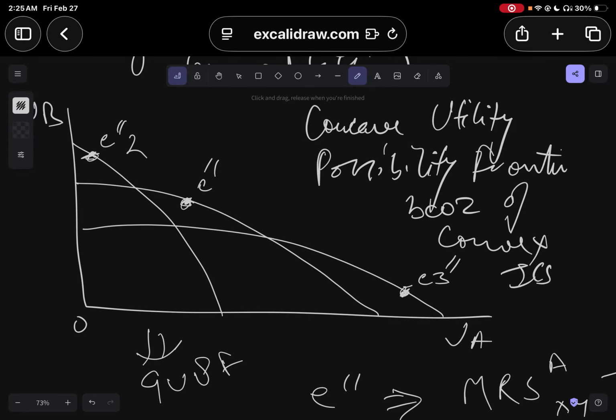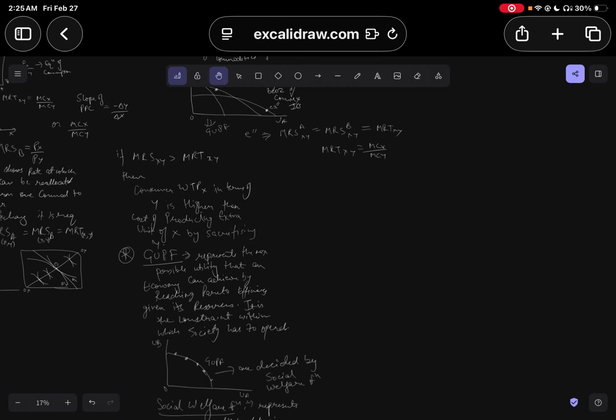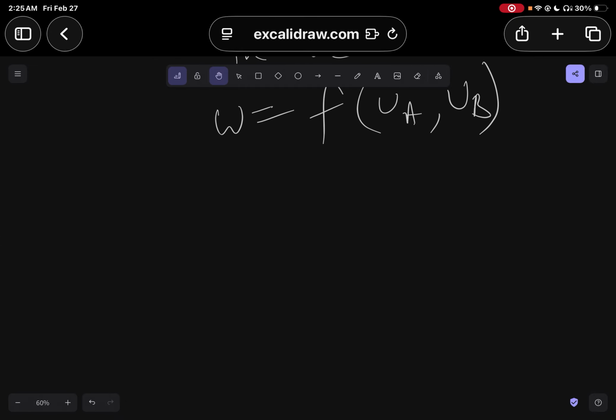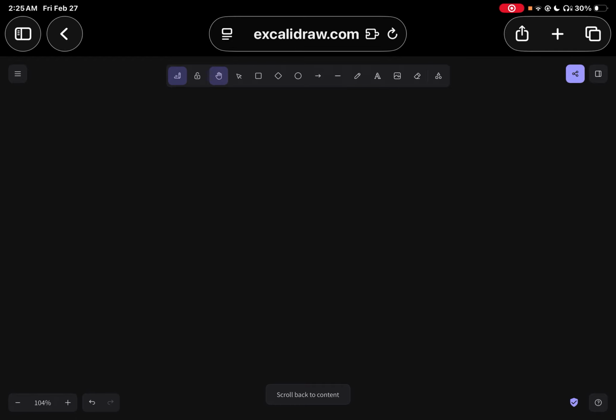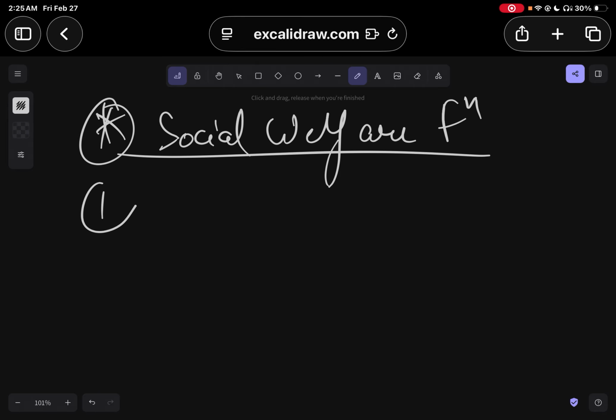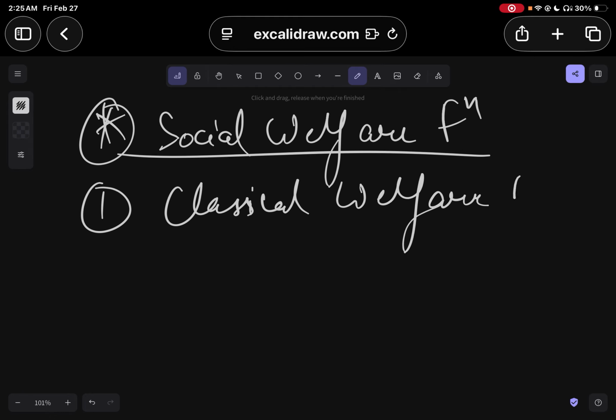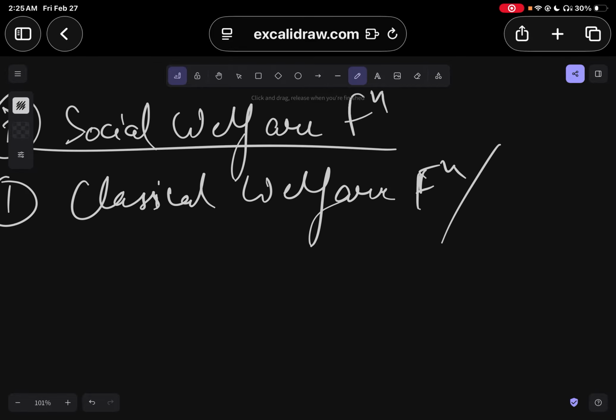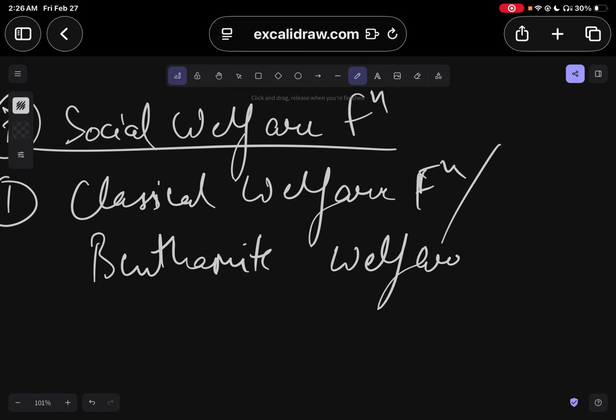So let's move on to different types of social welfare function. The first one is the classical welfare function, which is also known as the Benthamite welfare function.